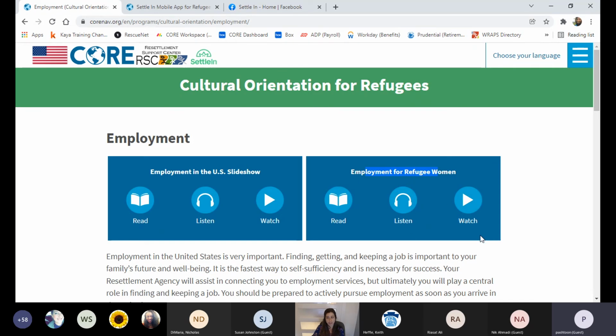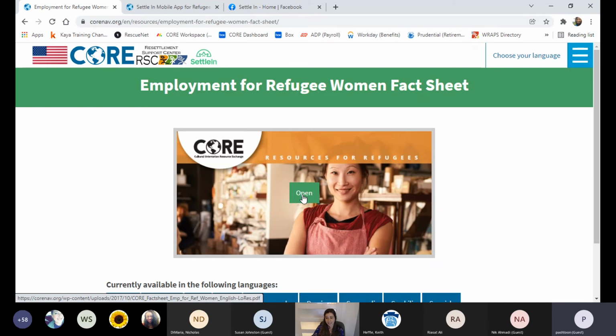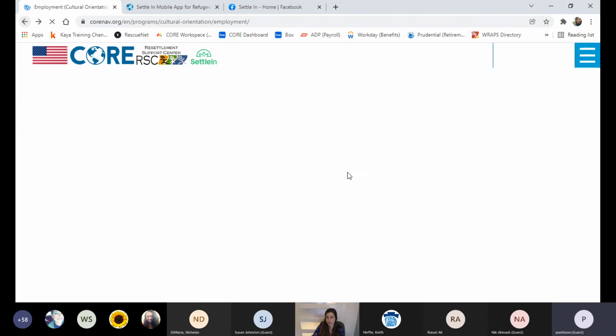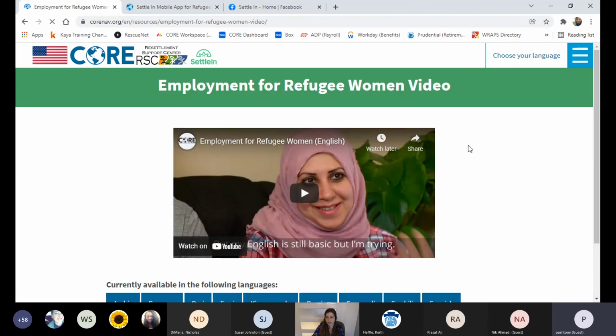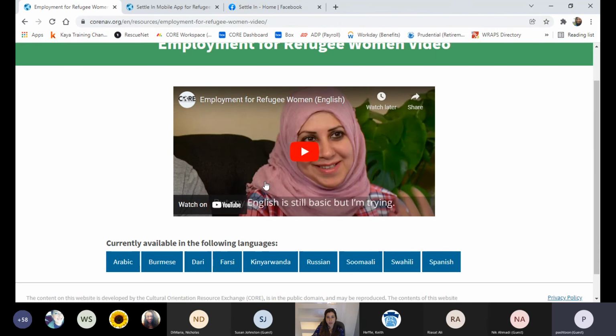All of these have the same scripts. So the fact sheet that you see when I access here is the same script and wording as what you're going to see when I click watch, which is an interactive video. While this is in English, you're going to see it is also available in the following languages.